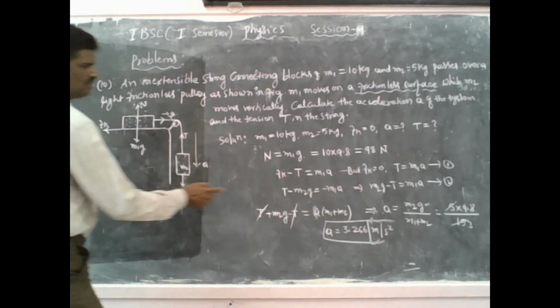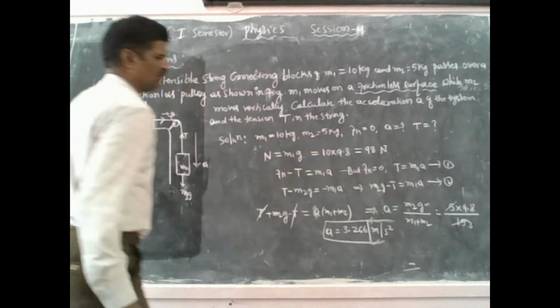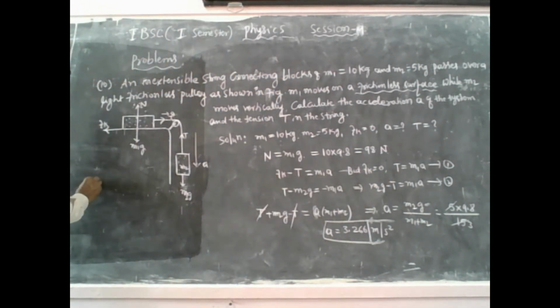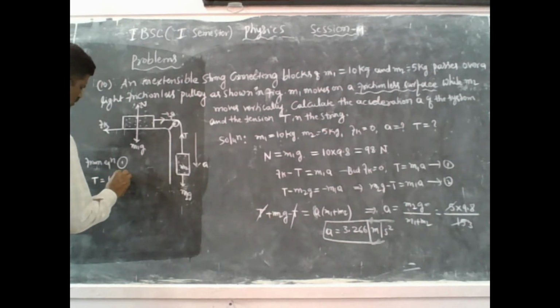From equation number 1, T equals M1, which is 10 kg, times the acceleration, which is 3.26, isn't it?